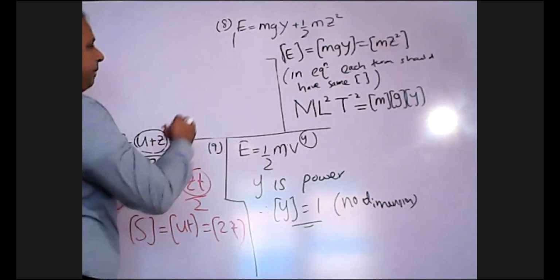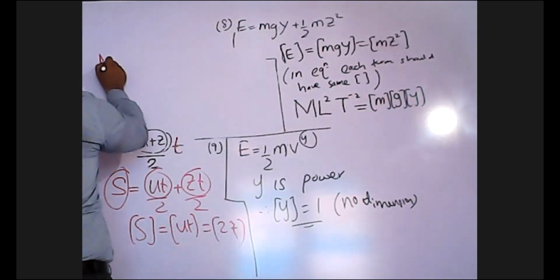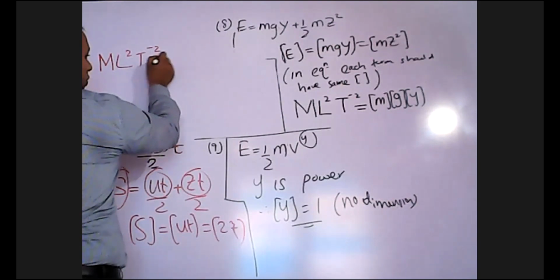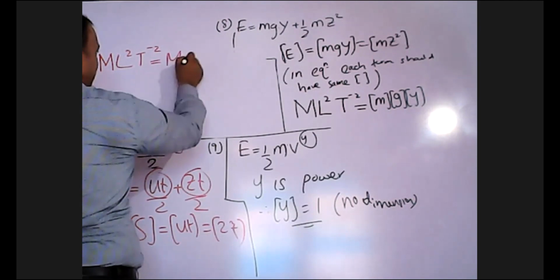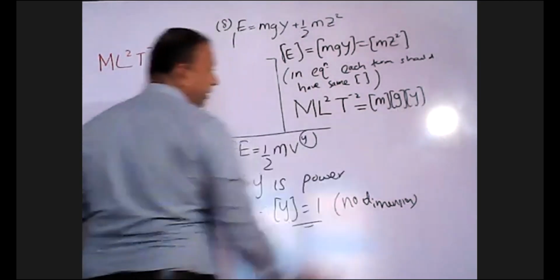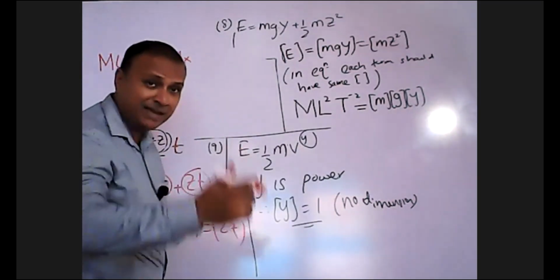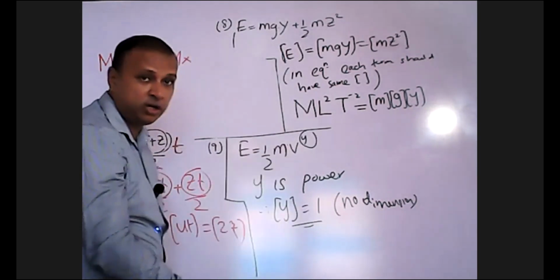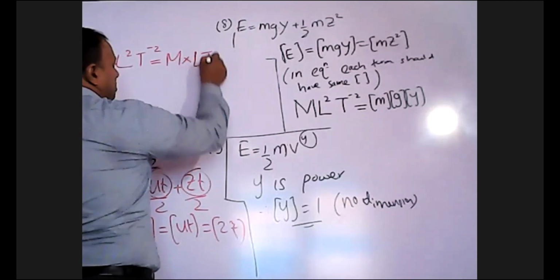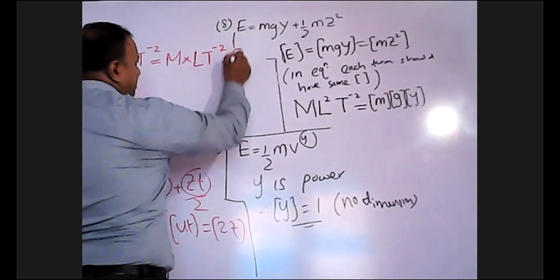Once I substitute the dimension of these two, I will have ML²T⁻² is equal to M into the dimension of gravitational acceleration. Gravitational acceleration is an acceleration. So the dimension of g is equal to the dimension of acceleration, LT⁻², and the dimension of y.